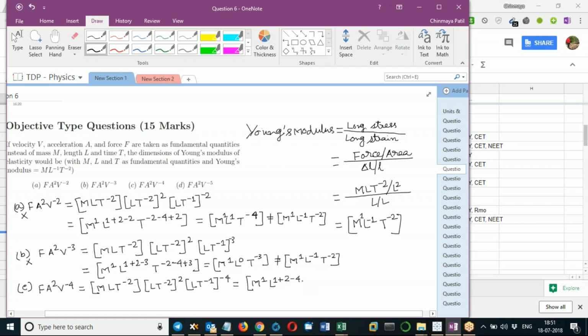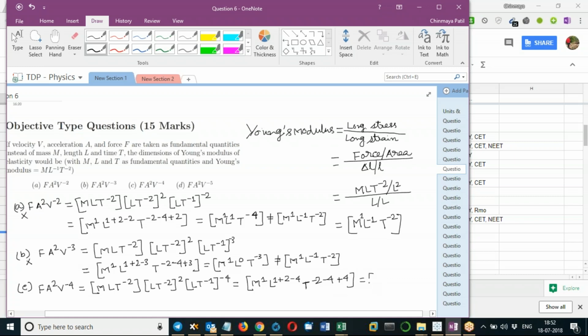1 plus 2 minus 4 becomes minus 1, so we have hope that option C may be correct, because so far M and L are matching. Then for T, here it is minus 2, here it is minus 4, and here it is plus 4, since minus 1 power minus 4 gives plus 4. So we get T power minus 2 minus 4 plus 4.